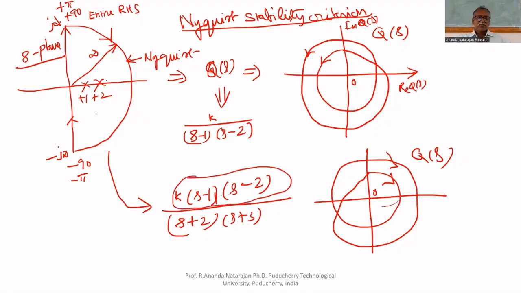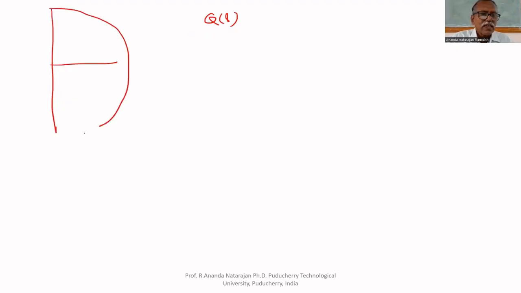Suppose I am having another system, that is Q of S. The mapping is done for this entire right hand side plane. The contour is up to infinity, here up to minus J infinity. Its radius also is infinity.